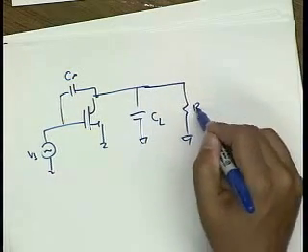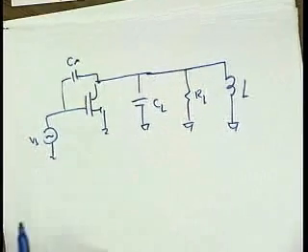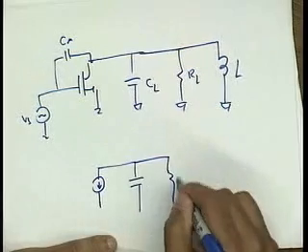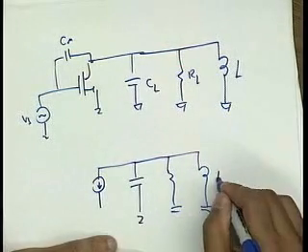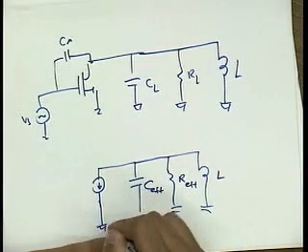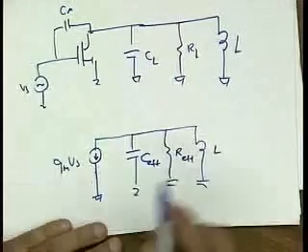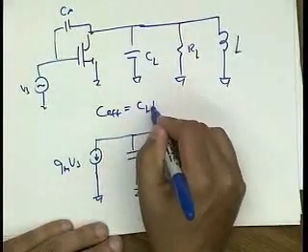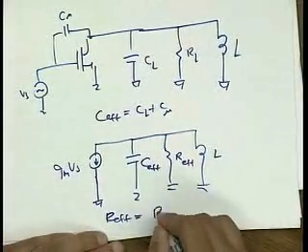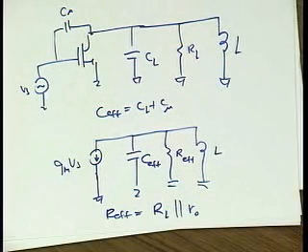I have RL, and I'm adding an inductor L. And if I basically simplify this circuit, this is L, this is R effective, this is C effective, and this is GM VS, where C effective is CL plus C mu, and R effective is RL in parallel with the R out of the device. Okay. Is that clear to everybody?